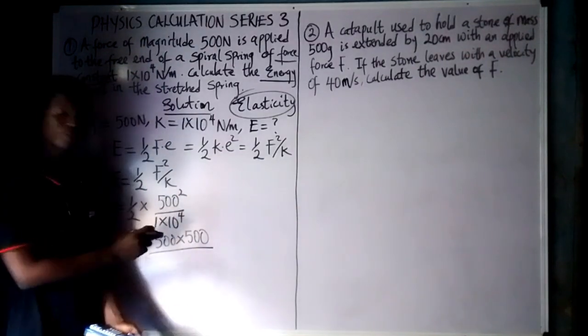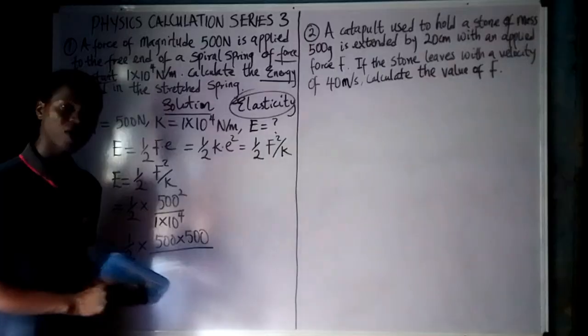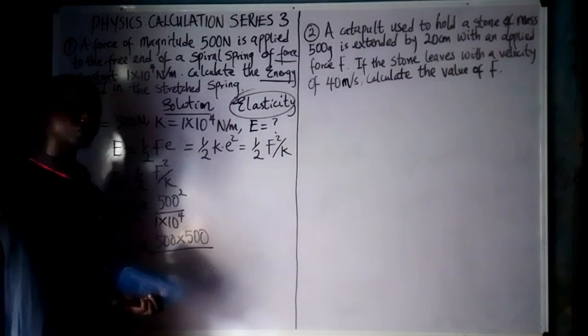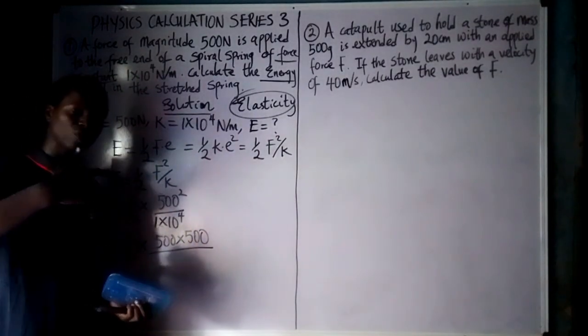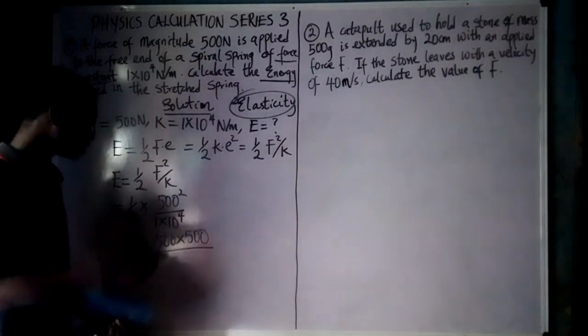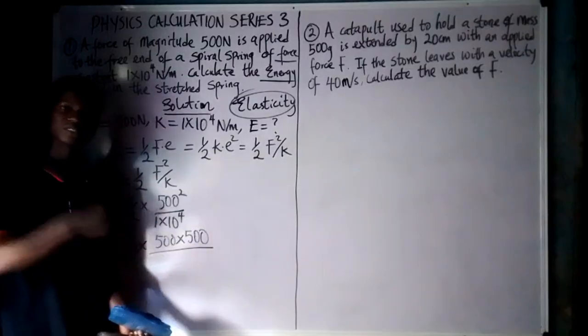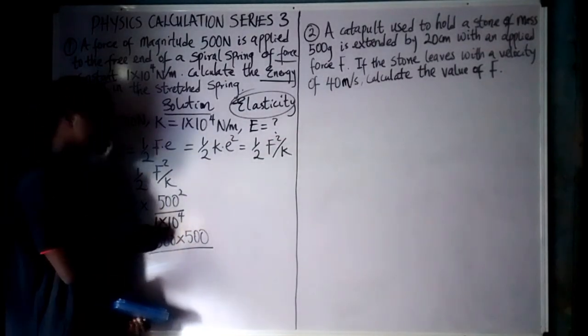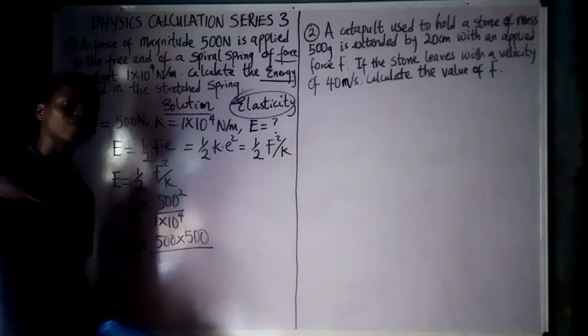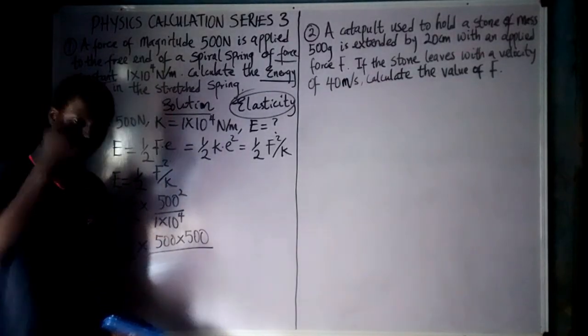Now this guy here means 1 times 10 raised to power 4. When we are asked to raise a number to a certain power, it is that number written as many times as the power given. So if it's 10 raised to power 4, it is 10 in 4 places. That is 10 times 10 times 10 times 10.